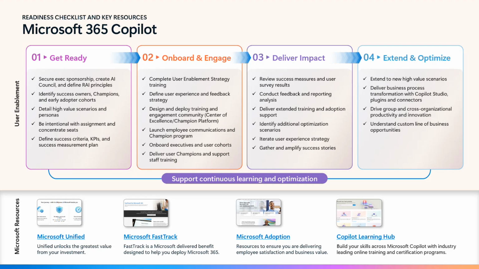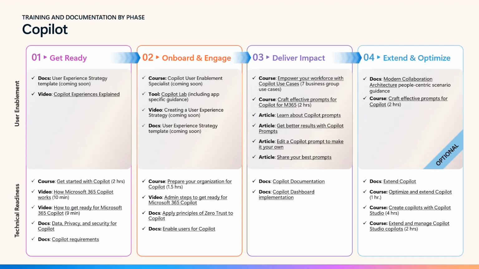I even added many others. As you see, under every phase we can find how to get started with Copilot, how to get ready for Microsoft 365 Copilot, and how to prepare your organization for Copilot, for example. I have many courses and many videos.